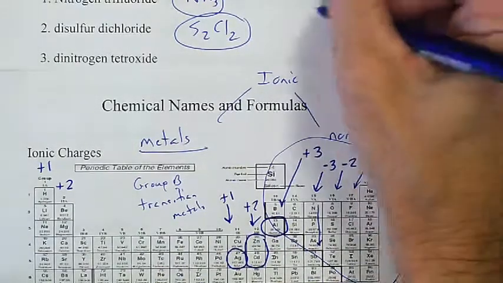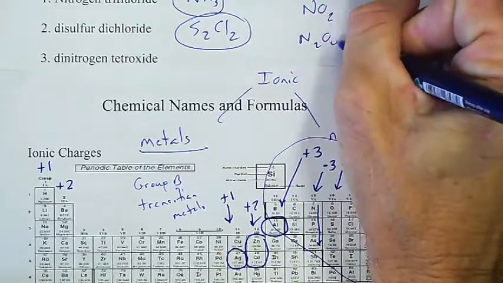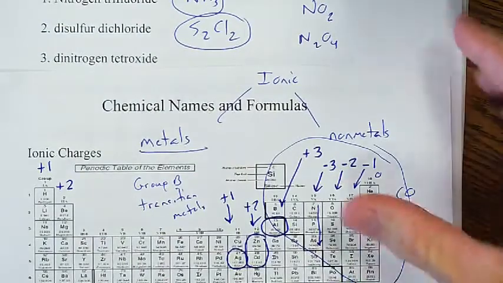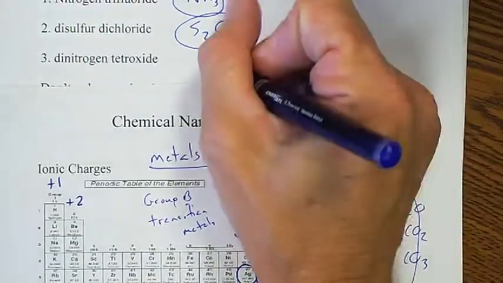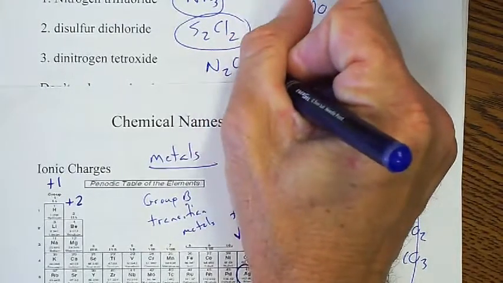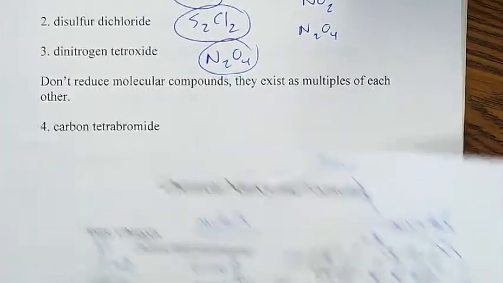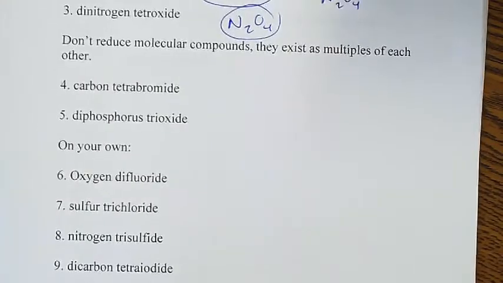So a compound like this and a compound like this as molecular compounds can exist, and they don't necessarily have the same properties. The next one, dinitrogen tetraoxide, N2O4. So don't reduce molecular compounds. They exist as multiples of each other.